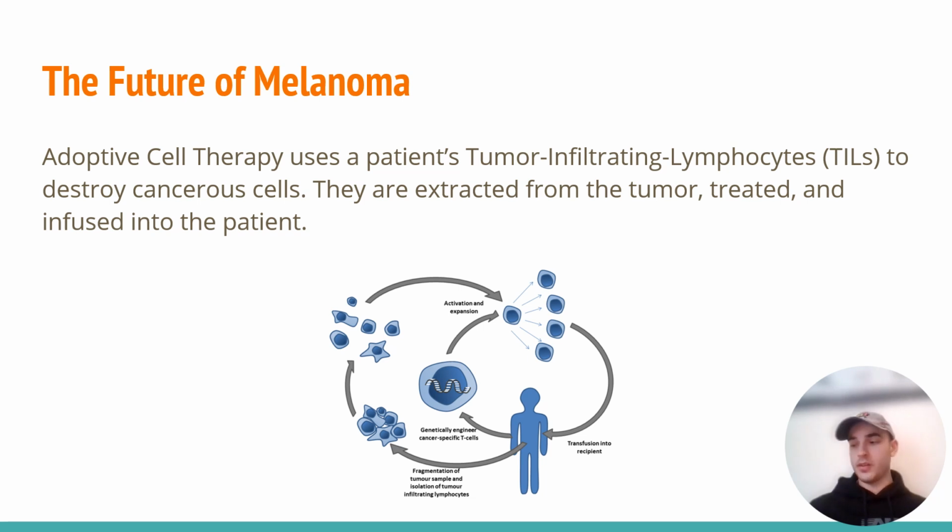When all of these other options have been exhausted, there are clinical trials going on with a procedure called adoptive cell therapy, which is basically when you take the white blood cells that are inside of the melanoma out of the patient, you treat them, I guess in a petri dish, and you reinfuse them back into the patient, and they fight the tumor more effectively that way.